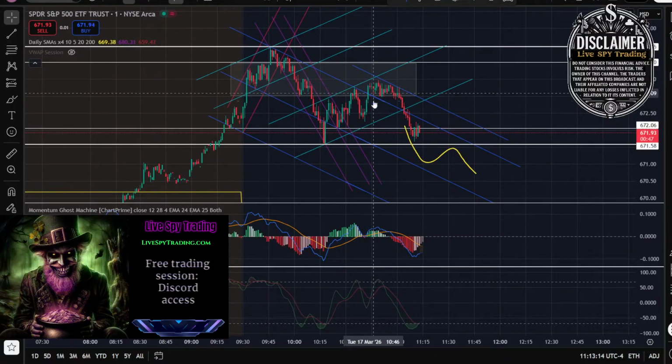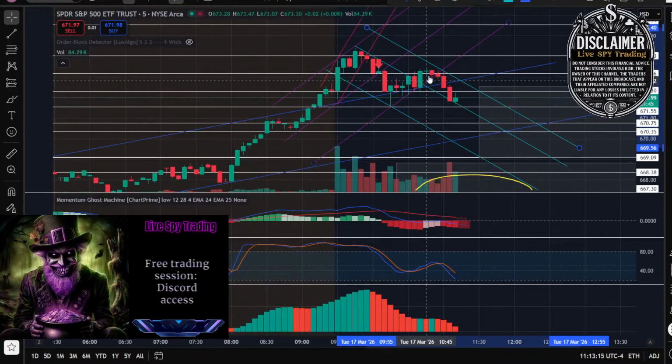And for this one, you would have had to be on top of it, really on top of it. The entry was actually somewhere down here, but it would have been hard to catch because we wanted the confirmation close.